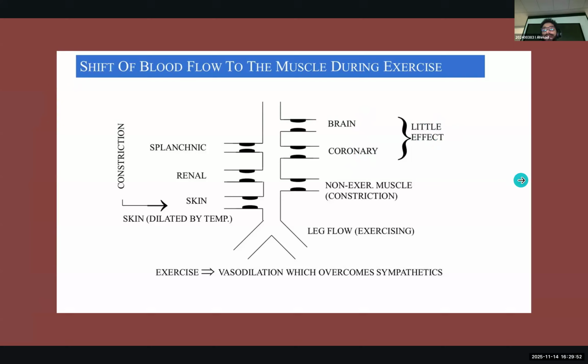Because think about it, the brain is such an important organ in the body. It controls almost basically everything. So we need a specific amount of blood flow that's always going to the brain, whether you're exercising, whether you're asleep, whether you're at rest. The amount of blood that's going to the brain should always be consistent. تمام?